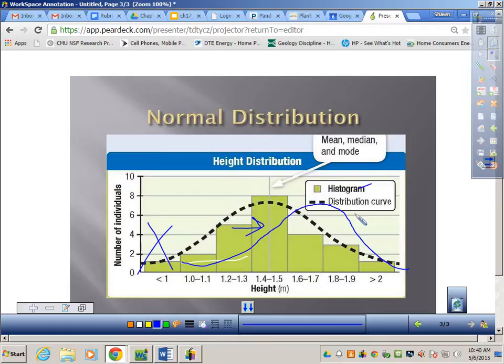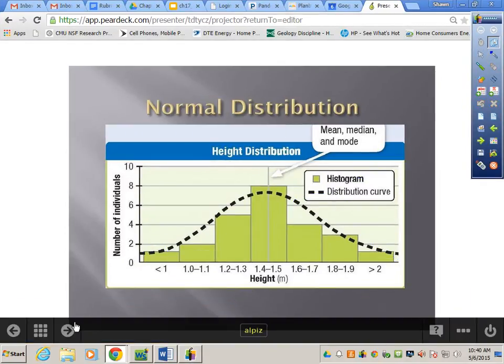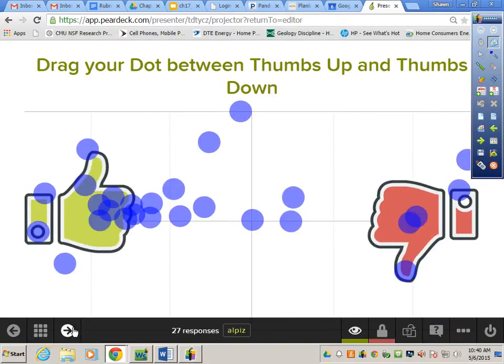If you look at even early man's skull and our skull now, our brain has grown and shrunk in different places based on how we use it, and we've shifted away as far as the size or the shape of our skull too. And so we can look at this in a lot of different ways in a lot of different populations. But basically we're talking about changing our average. And we will discuss that a lot more when we get into the different types of bell curve shifts that we can see.